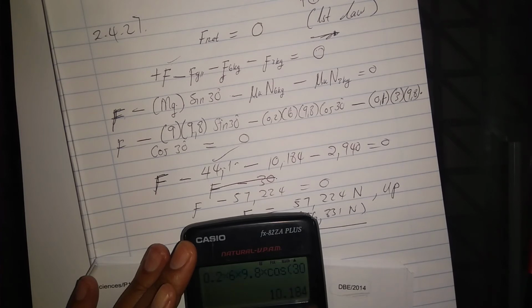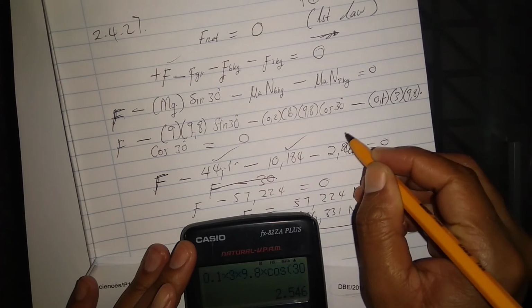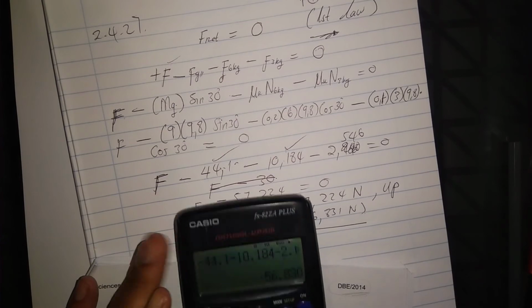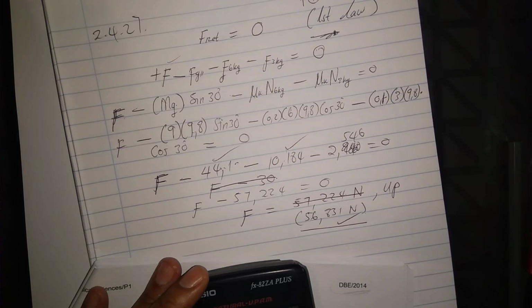I want to see why I'm getting different answers. 0,1 times 3 times 9,8 times cos 30 degrees. Okay, I'm sleepy, sorry guys. 184 minus 2,546. Voila. Haha. Okay. So this is not the answer, but this one is the answer.